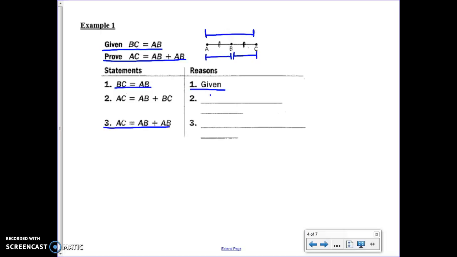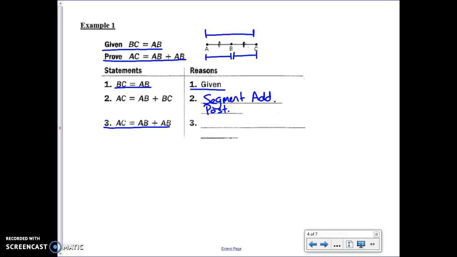So AC, that looks like this entire segment length, is equal to the part of the segment plus the other part of the segment. That's a property from Unit 1 that we should remember. That is the segment addition postulate. That tells us when we add up 2 pieces, it equals that larger piece. Now, just like with the algebraic proofs, you want to look and see what is happening from statement 2 to statement 3. And what I noticed right away is that the left-hand side of the equation looks the same.